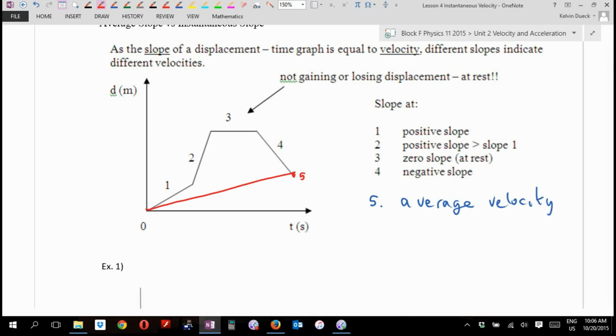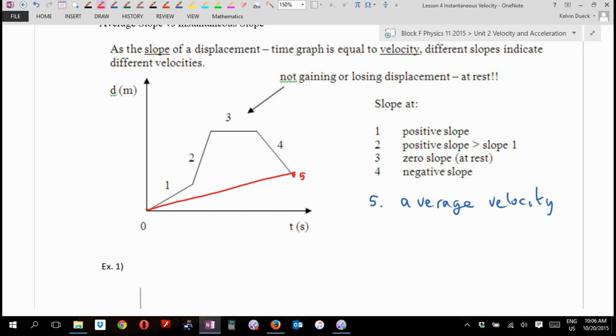It doesn't care about what happens in between. It just wants the displacement. There's the displacement. That would be the average velocity. And what we're going to distinguish here today is between the average velocity and the instantaneous velocity, right at that moment.